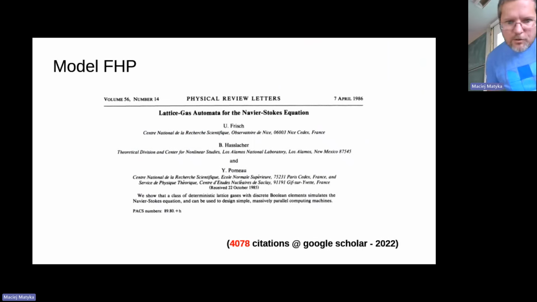They showed that a class of deterministic lattice gas with discrete Boolean elements simulates the Navier-Stokes equation, and can be used to design simple, massively parallel computing machines. Now it has 4,078 citations.